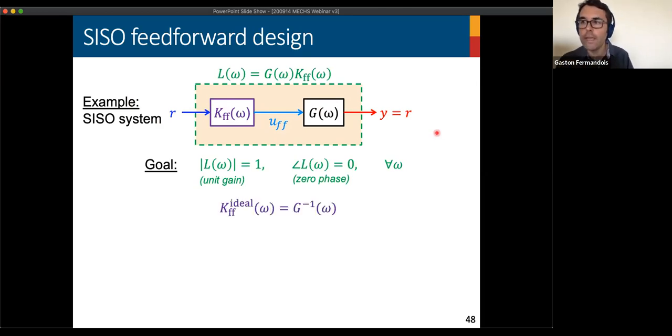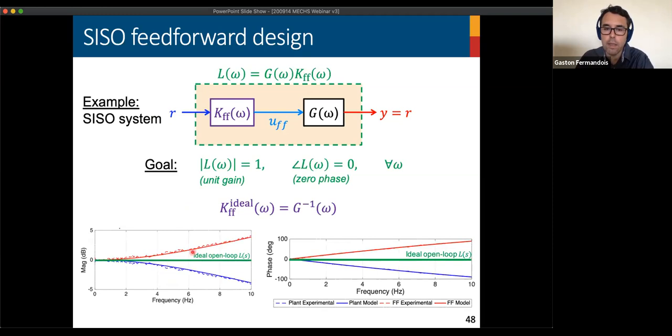So what will be the ideal solution for KFF? Well, the inverse of our control plant. So if we have our feed forward to be the inverse of J, this is basically unity. And that will be a good way to approach this problem.